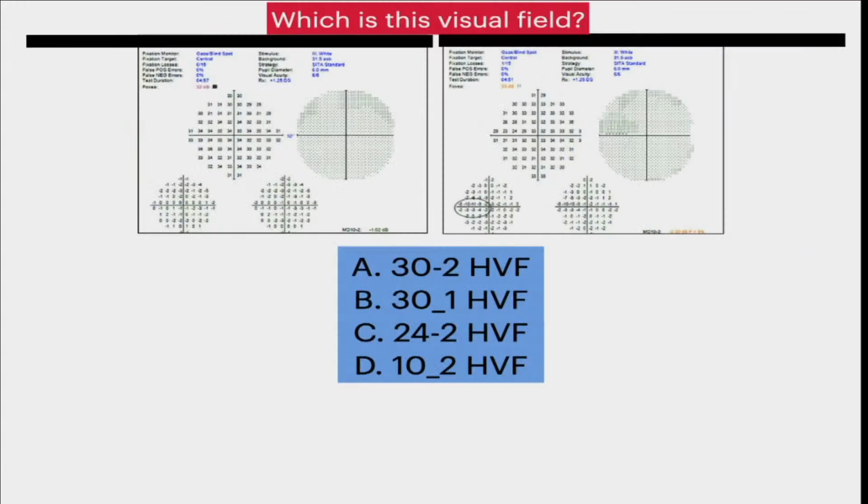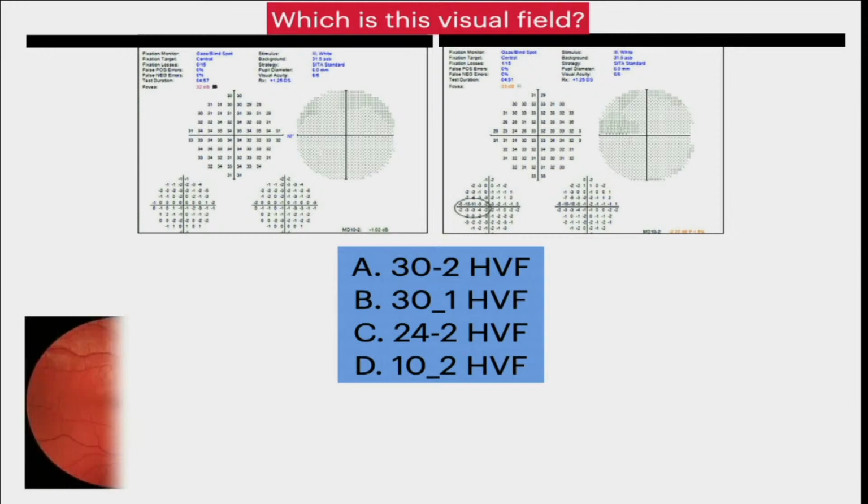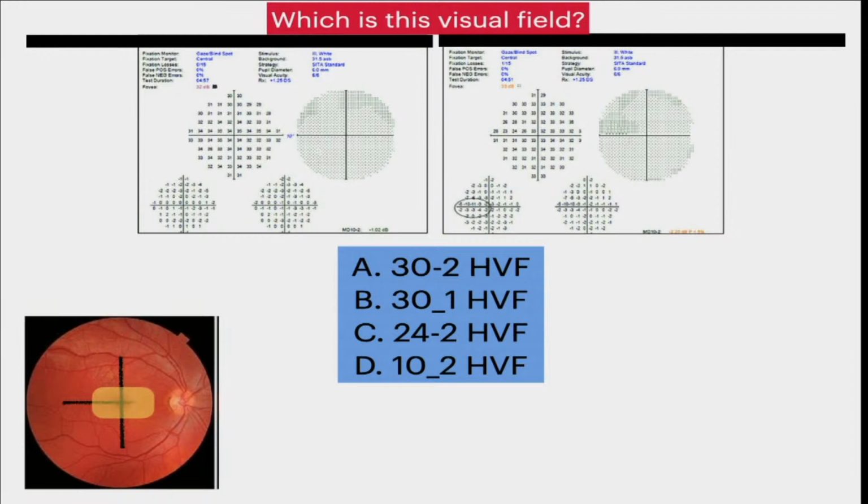So which is this field? Just look at it carefully. We are presenting both the right and the left. Which is the right and which is the left? Yeah, absolutely, there's no fixation point. Why? Because this is the 10-2, which means you are actually using the 10 degrees on either side of fixation.